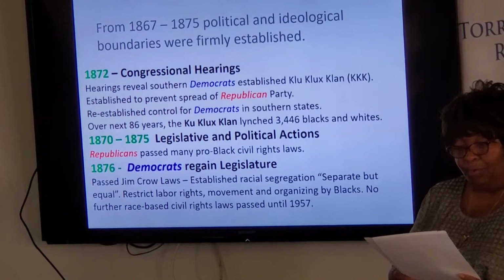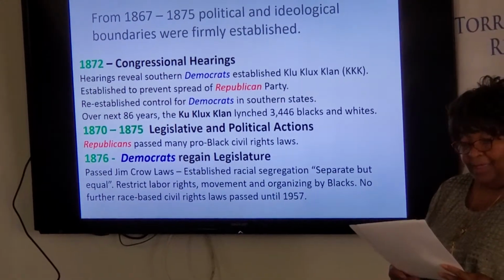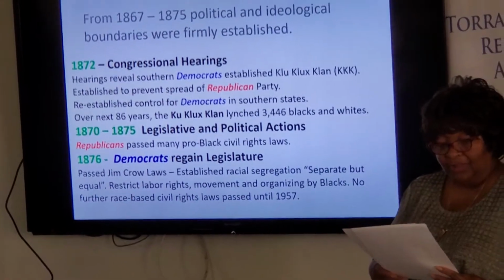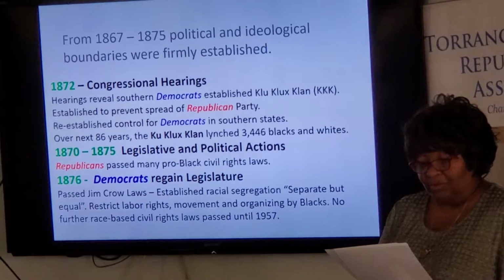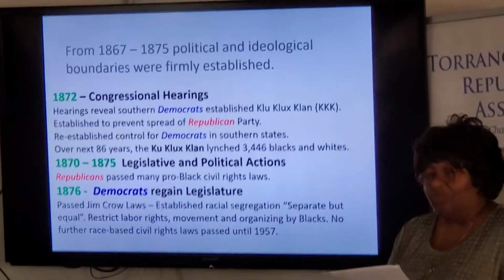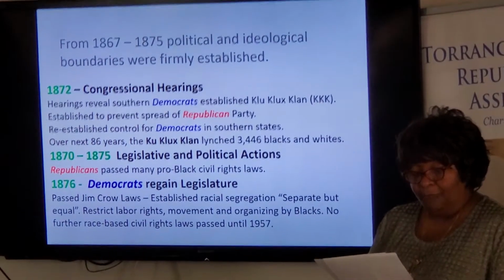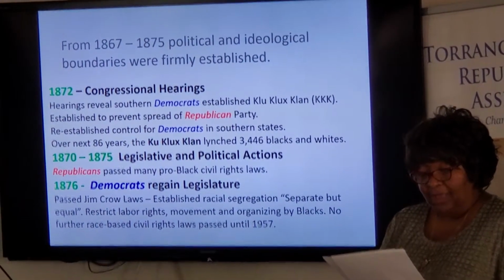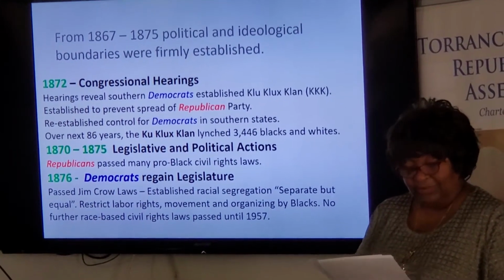Republicans passed many pro-black civil rights laws, okay? In 1876, the Democrats regained the legislature, and they're the ones that passed the Jim Crow laws: establishing racial segregation, separate but equal, restricting labor rights, movement and organization by blacks. No further race-based civil rights laws were passed until 1957.